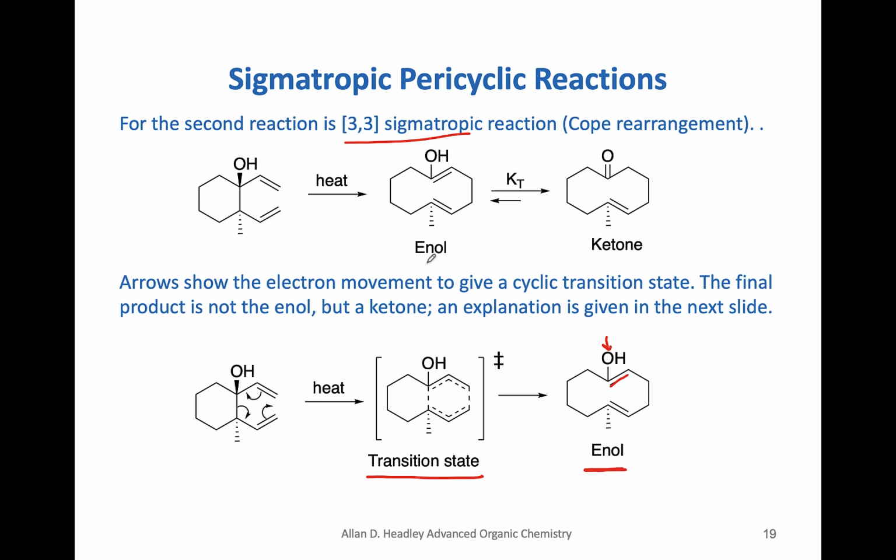So this enol tautomerizes to give the ketone, which is now more stable than the enol, because we have a carbon-oxygen double bond, which is a much stronger bond than the carbon-oxygen single bond. So this is called the keto-enol tautomerization.